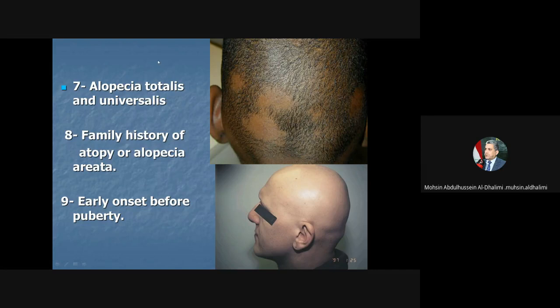Those patients with alopecia totalis or alopecia universalis usually have very poor prognosis, and many of them don't show any response to even aggressive treatment, or even if they get response, when we stop treatment, the hair falls again.